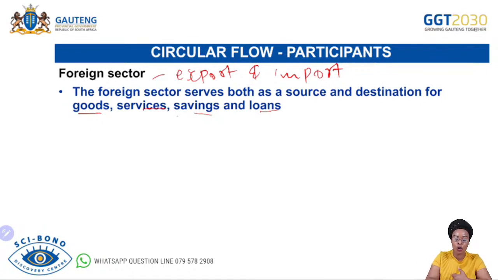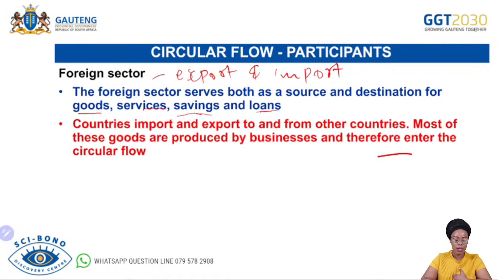That is why it also involves savings and loans. So countries import and export to and from other countries. Most of these goods are produced by businesses and therefore enter the circular flow. This is another interaction where you see the interaction between the foreign sector and the firms. Firms can produce, firms can sell to other countries.